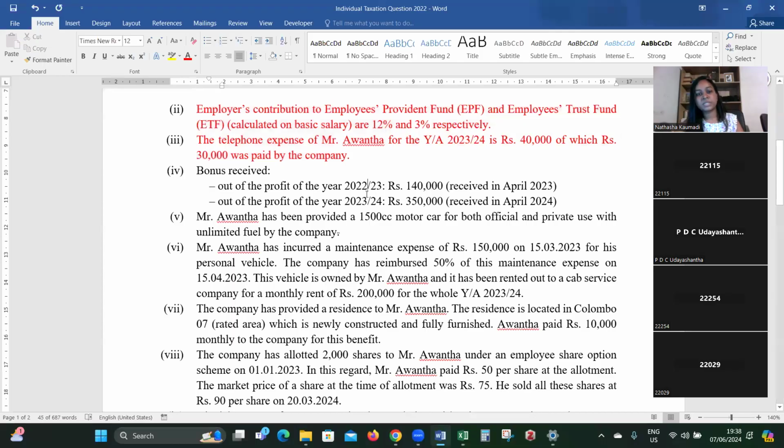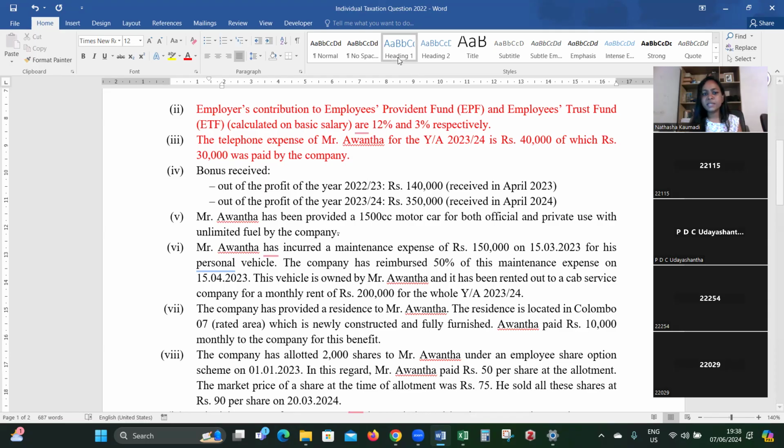What about the second bonus? The second bonus is out of the profit of this year, right? 350,000, but it has been received in April 2024. That means the next year of assessment. So we have not received it during the year of assessment on cash basis.